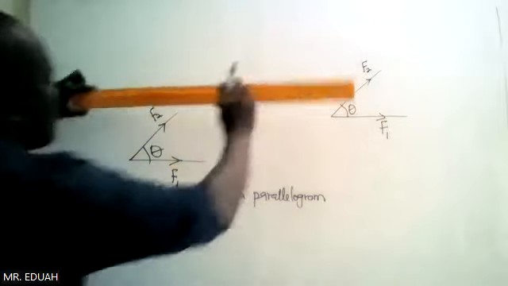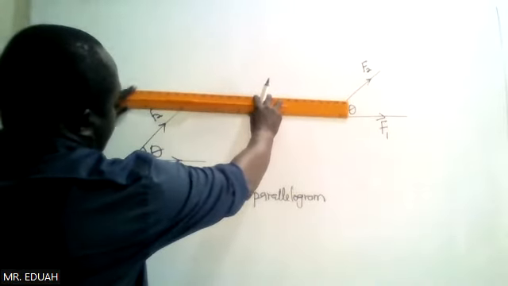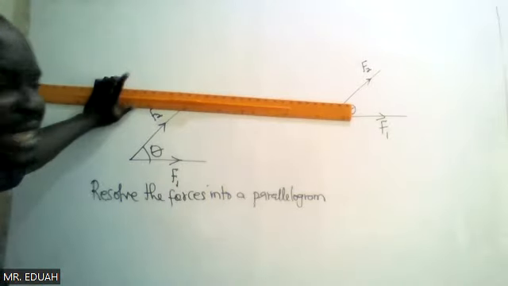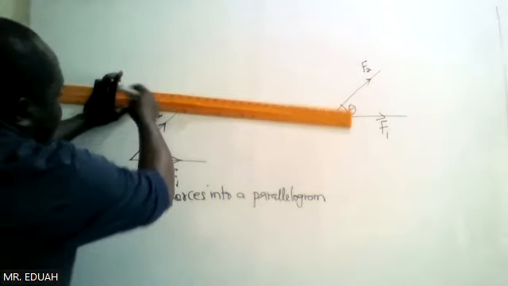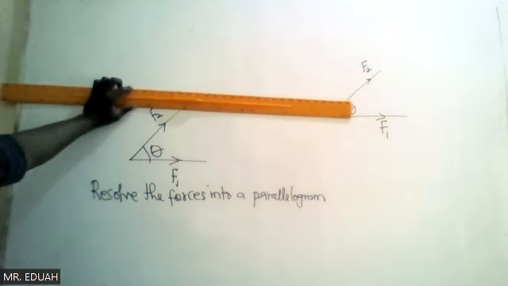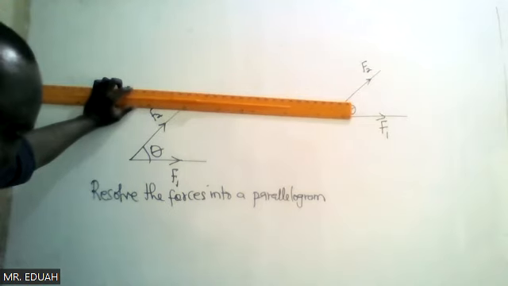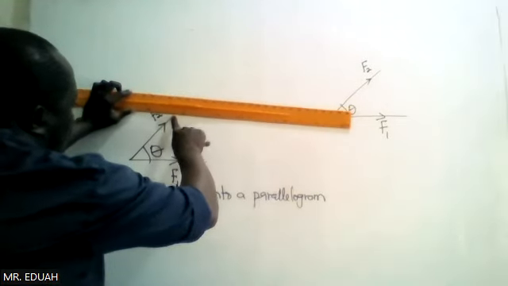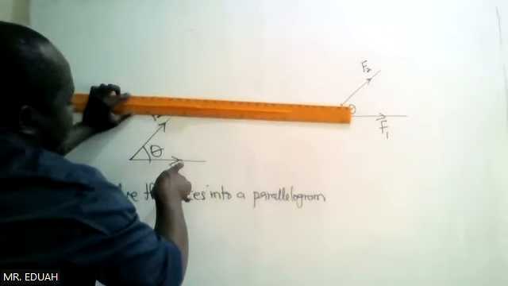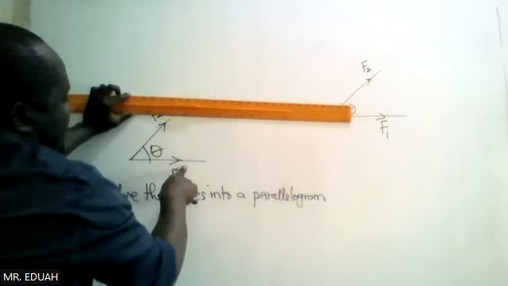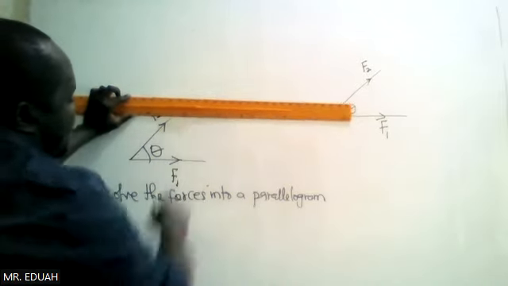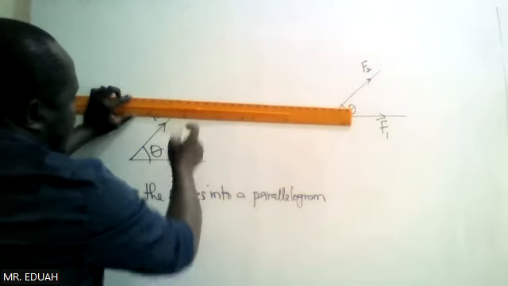Vectors are equal when they have the same magnitude, direction, and class, complete it for me. Equal in space. Good. So this vector I need to draw must have the same magnitude as this, must have the same direction, and must be parallel to this one.